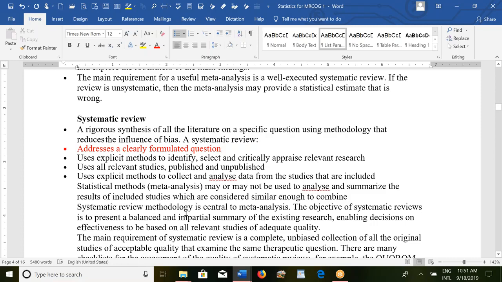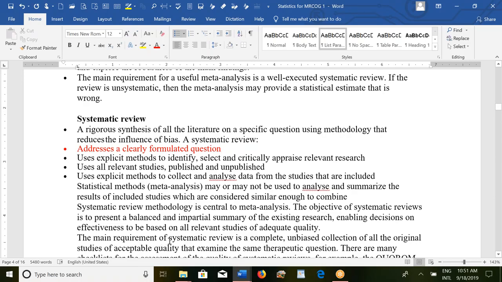Systematic review methodology is central to meta-analysis. The objective of systematic review is to present a balanced and impartial summary of the existing research, enabling decisions on effectiveness to be based on all relevant studies of adequate quality.